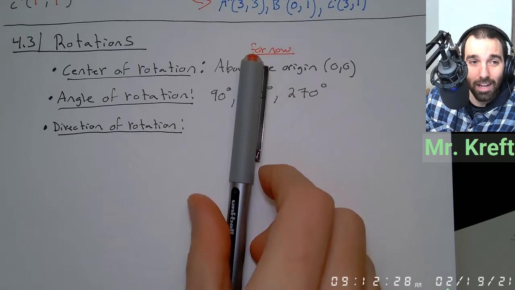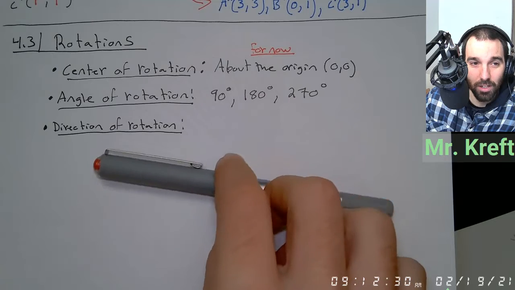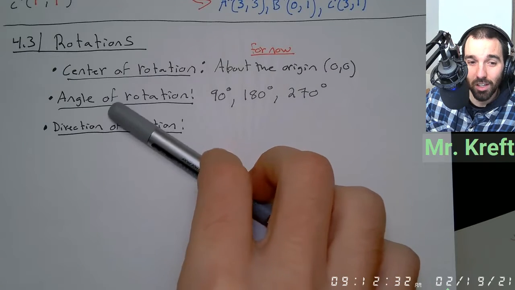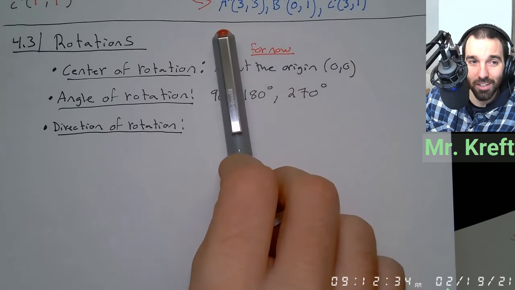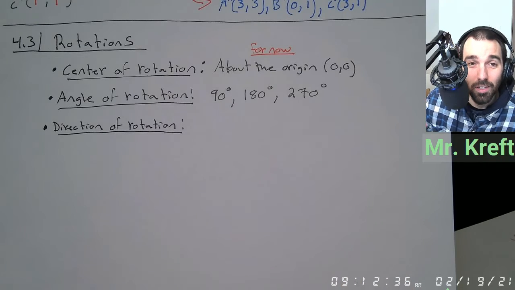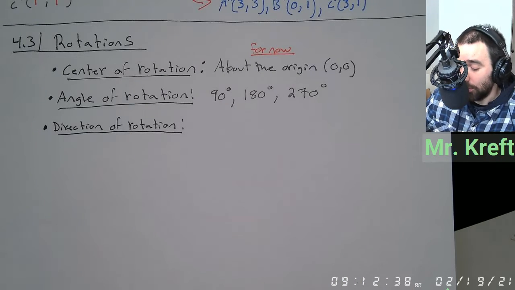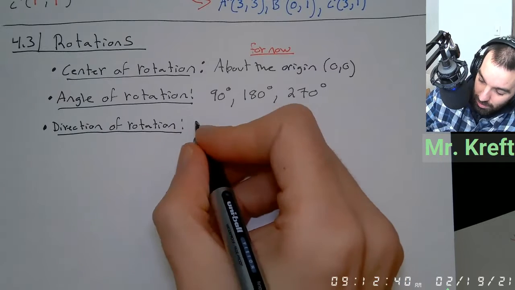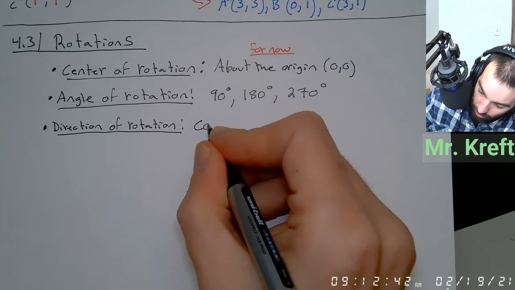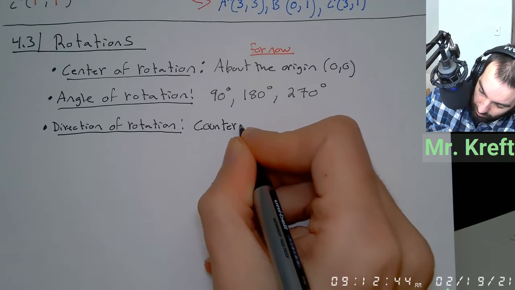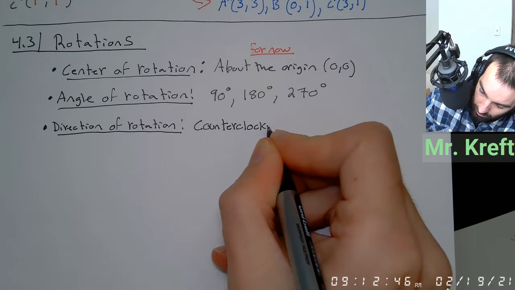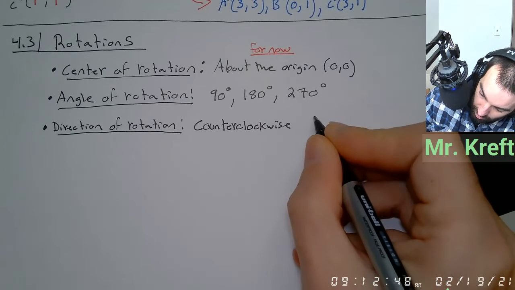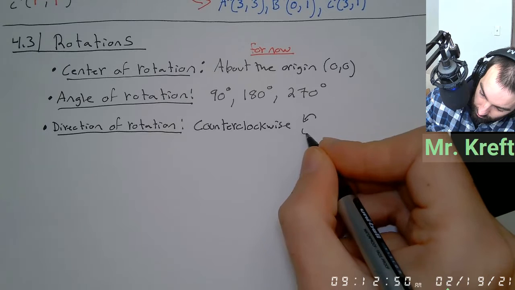Or I can rotate counterclockwise, which is the opposite of what an analog clock goes. Now it's confusing when you have to do both. So because we have limited time, this year we are only going to do counterclockwise. Okay, which is like this.